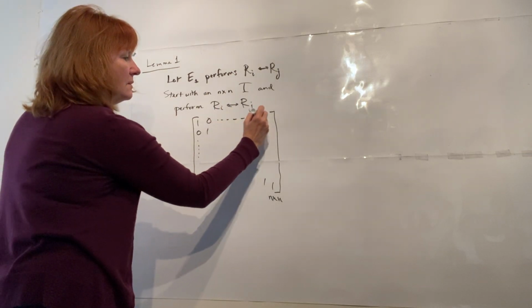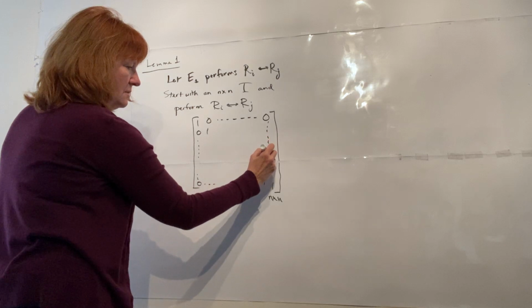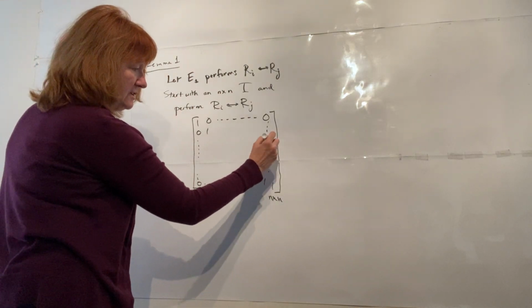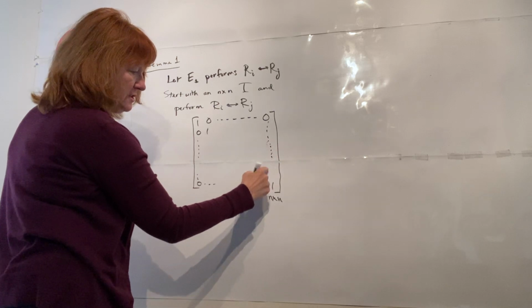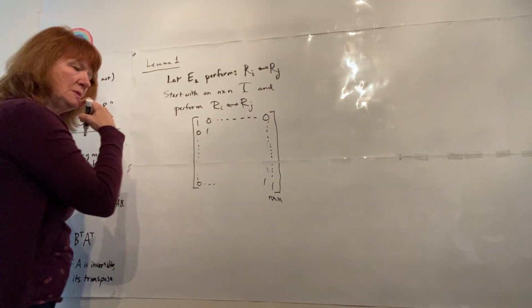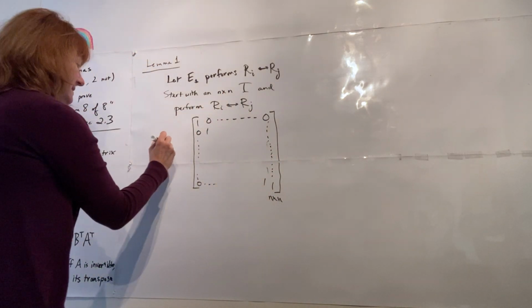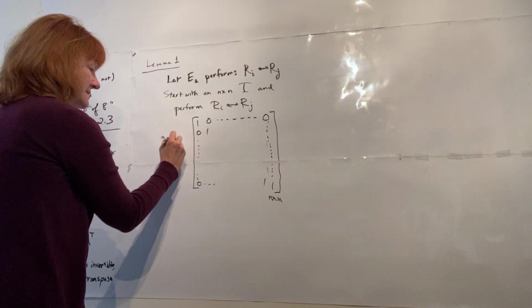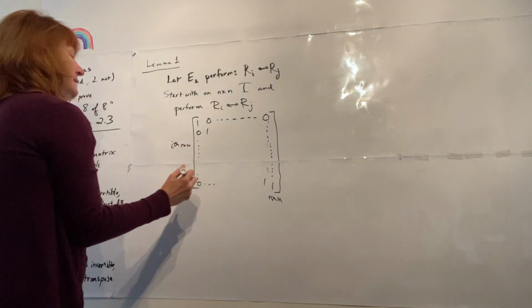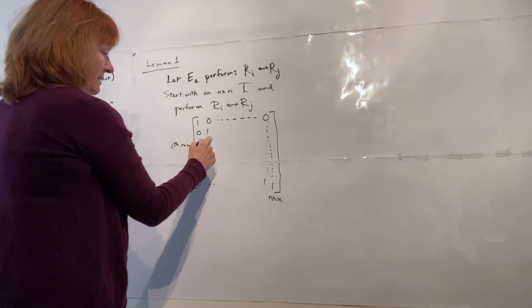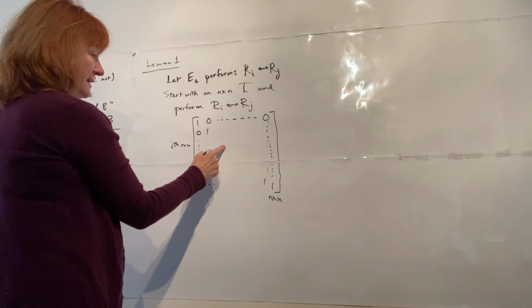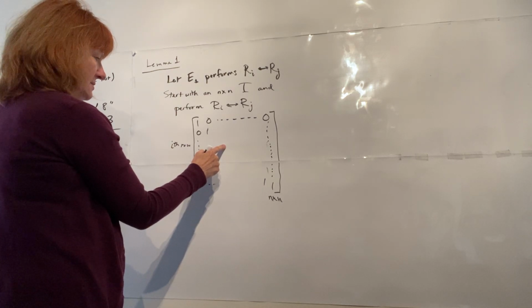And so if this is an n by n identity matrix and I perform that row operation on it, where I simply switch row i and row j, let's just assume that i is less than j, so let's say this is the ith row here. Well, normally in an identity matrix, the one would be at the ith place, right?